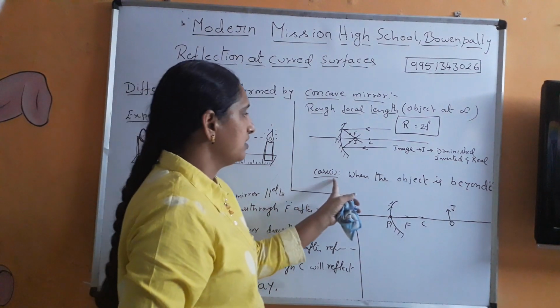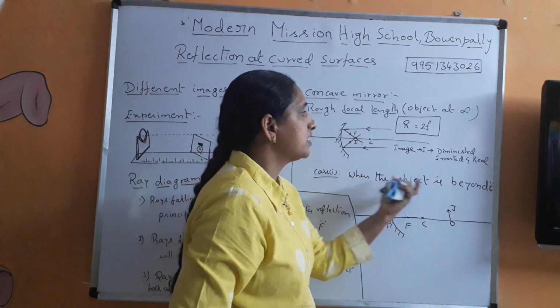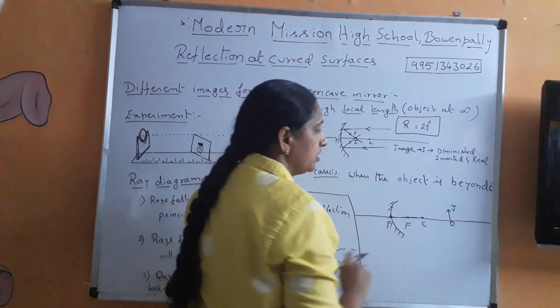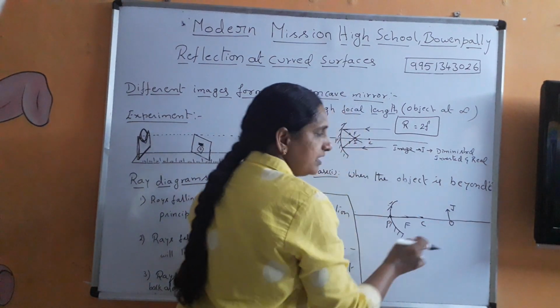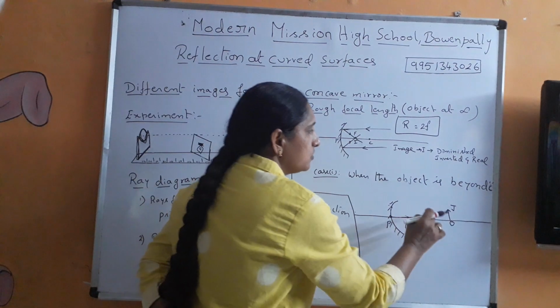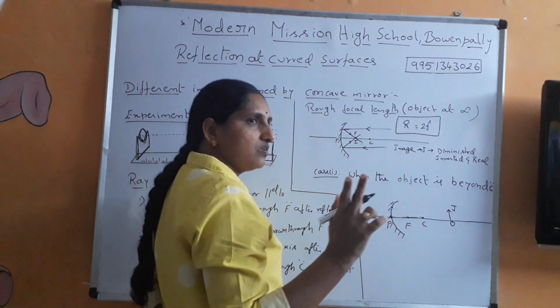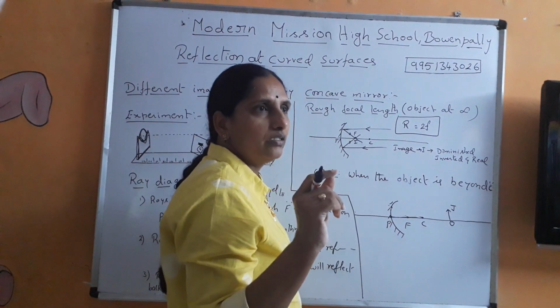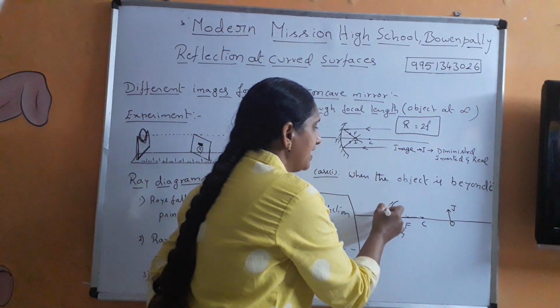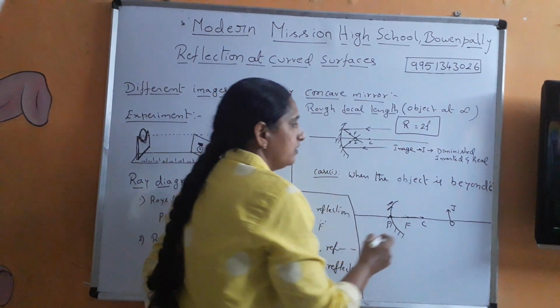Okay. Now the other case, when the object is beyond C. Now we are bringing the object from there to near C, C being the center of curvature. Okay. So let us take two rays always, to make the diagram easy. Right.